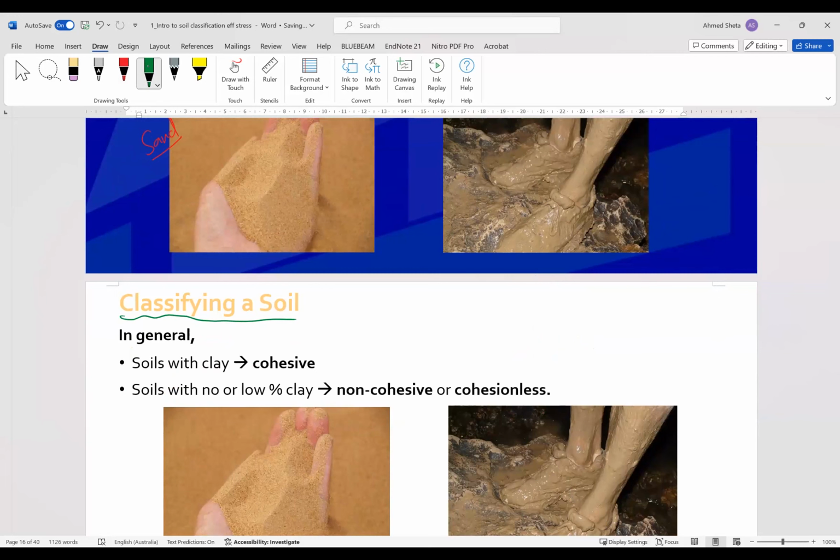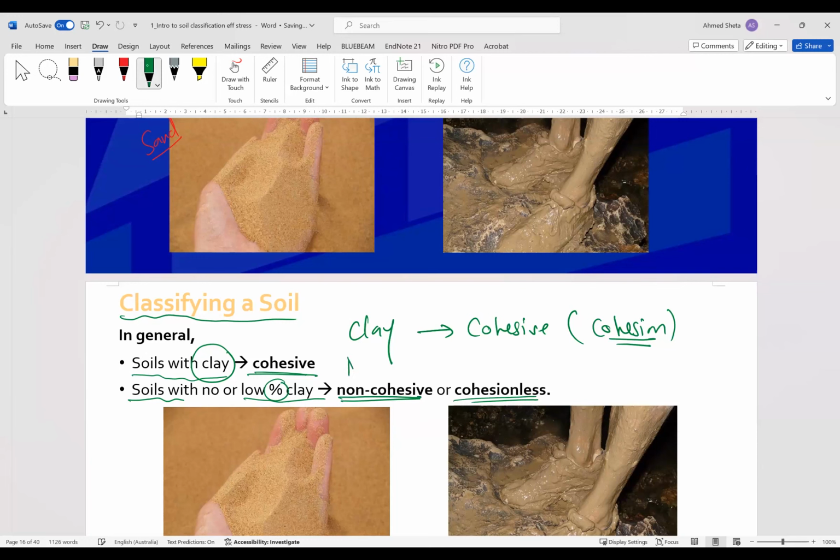In general, soils that contain clay are cohesive soils. Clay makes the soil cohesive, or gives it cohesion. That's why when it is added to water, it becomes very sticky. Soil with no or a low percentage of clay will be non-cohesive, or cohesionless soil.